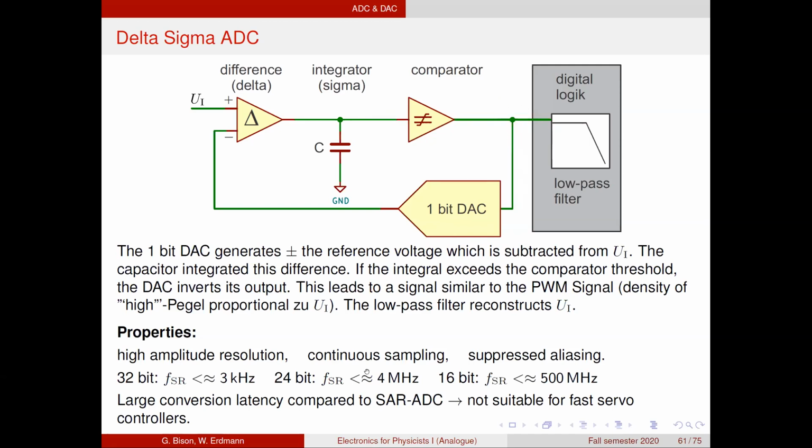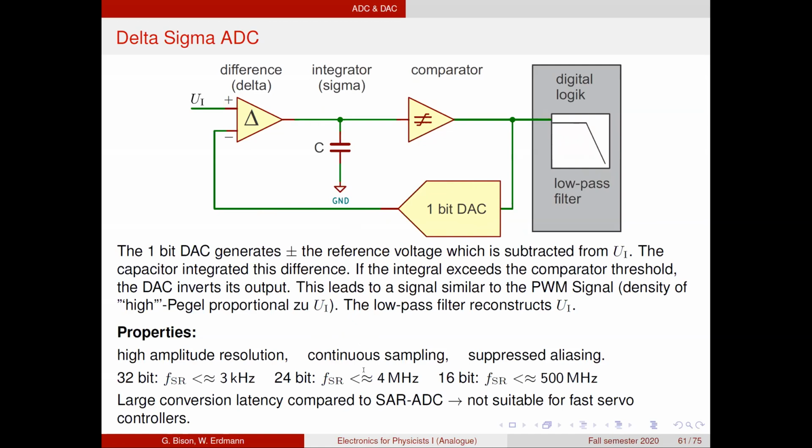So what we have here is a 1-bit representation of our input signal with pulses that correspond to plus and minus the reference voltage. And this signal, for a first order delta sigma ADC, as is shown here, is exactly the same thing as a pulse width modulated signal. So the density of high pulses is proportional to our input voltage.